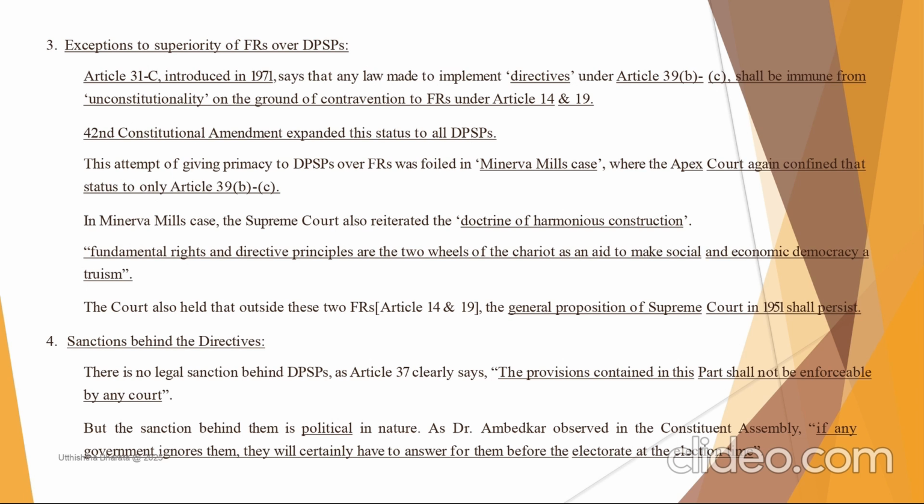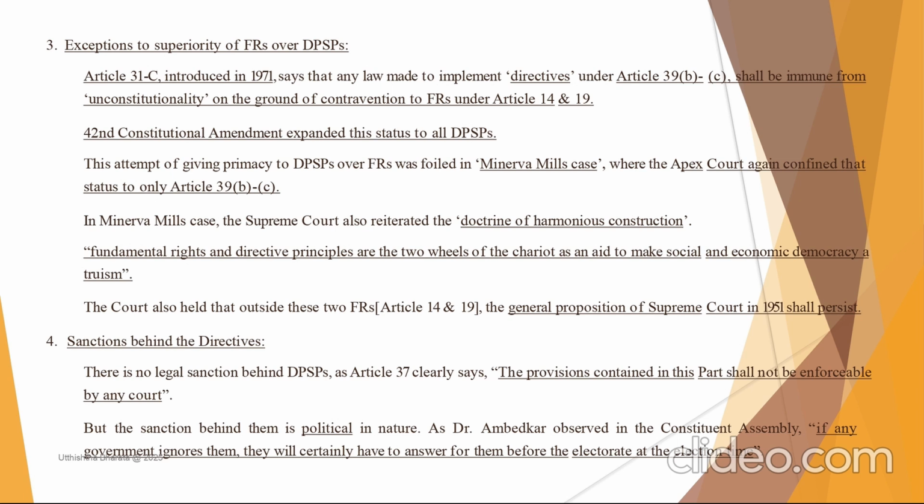Whether Article 355 and 365 can be applied to enforce implementation of directives by the states: it shall be the duty of the Union to ensure that the government of every state is carried on in accordance with the provisions of this Constitution.